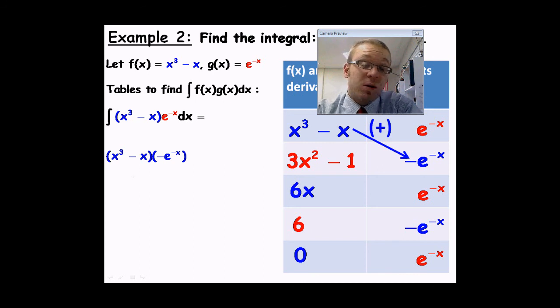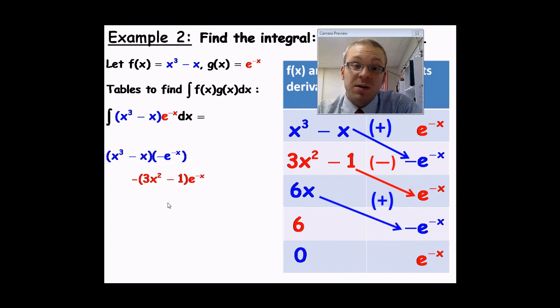The next term is going to be subtraction, so minus the quantity 3x squared minus 1, times e to the negative x. Then we're going to switch to positive, so plus 6x times e to the negative x. And then finally, the last one that we can do is 6, so minus 6 times e to the negative x.